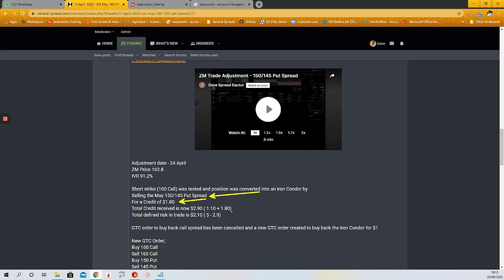And recall I received $1.10 for the call spread, which is still open. So even though my strike was tested, I didn't close it. I simply sold another spread underneath it. And for this spread, I received $1.80. And that brings my total credit received to $2.90.